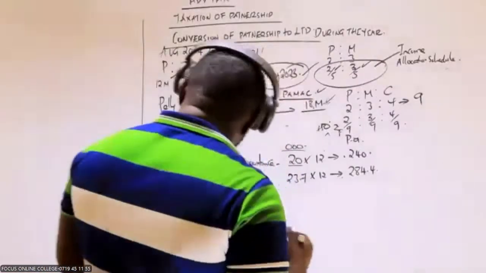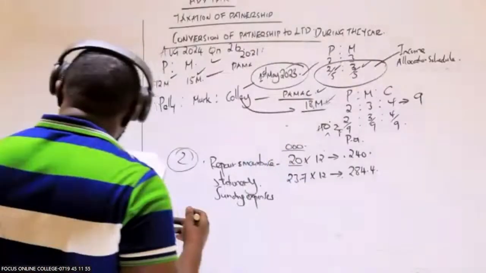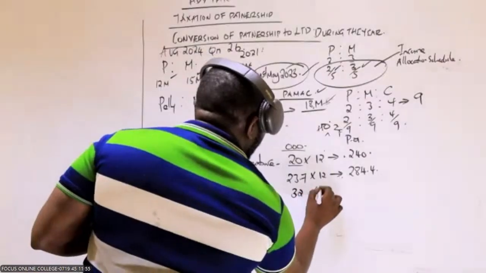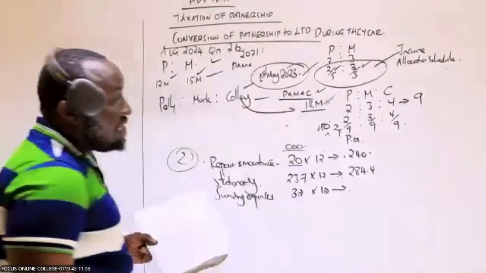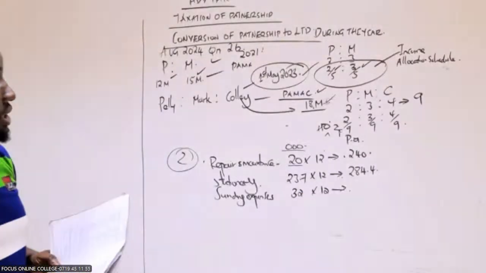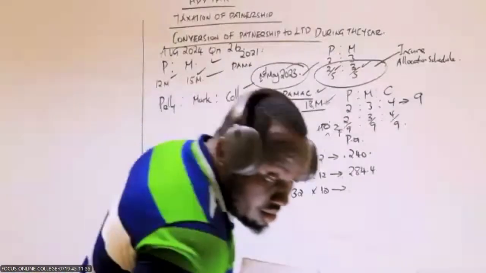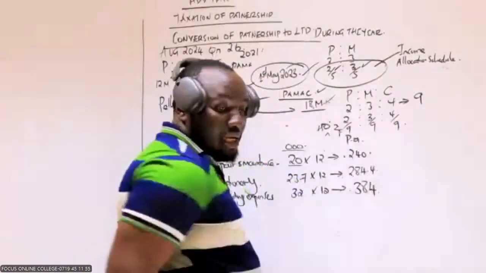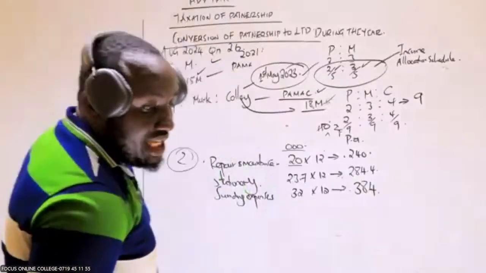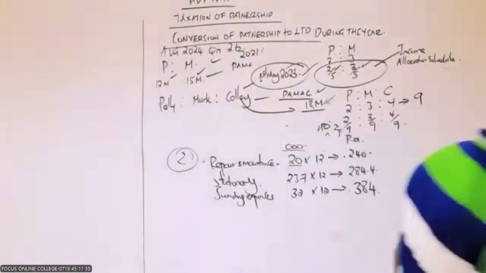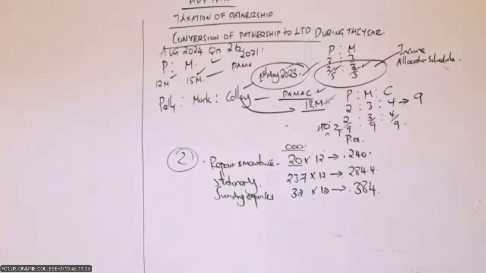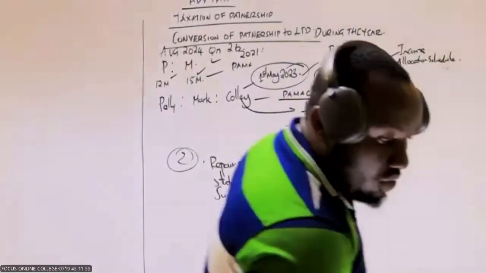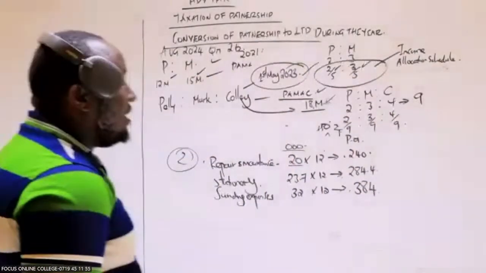So sundry expenses, I'm having a figure of 32, so 32 times 12. For the whole year, that is 384. We have a figure of 384 for the whole year.